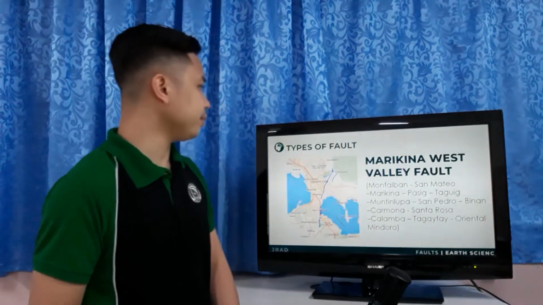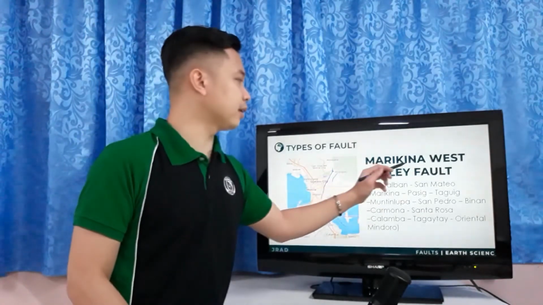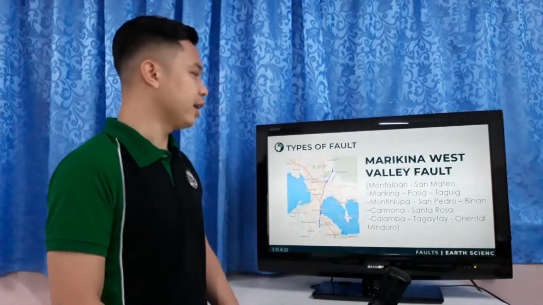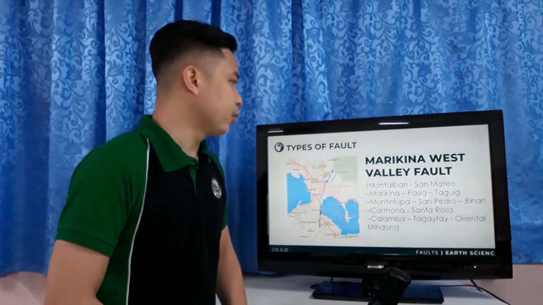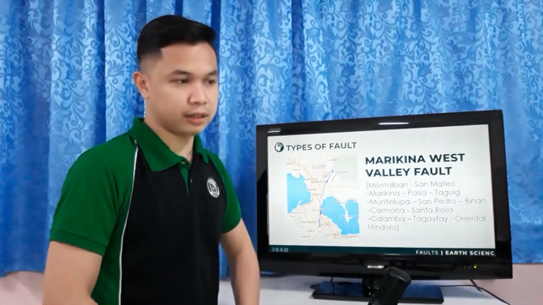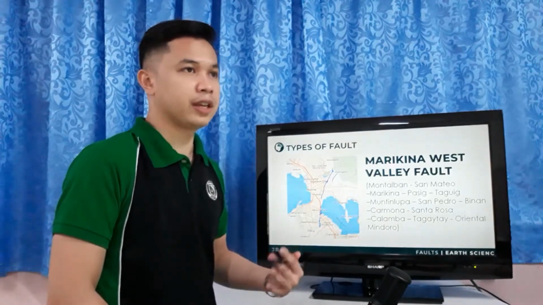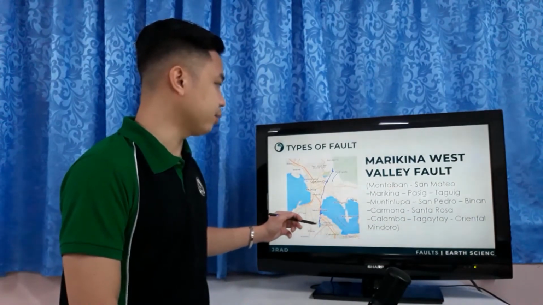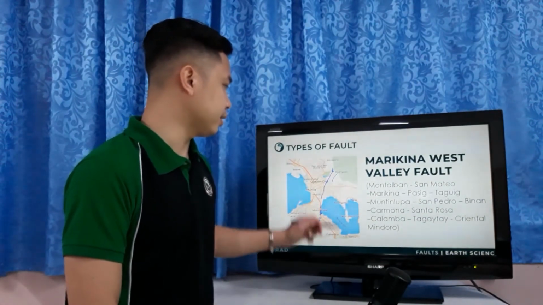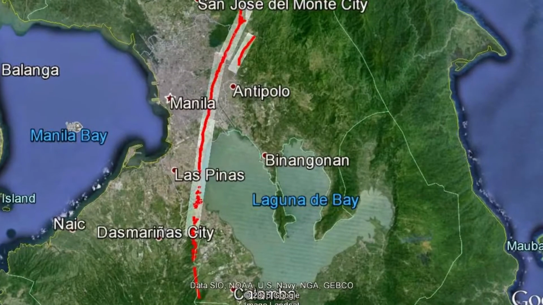Ngayon, if we're going to study the Marikina West Valley Fault, ito na yung tinatawag nating West Valley Fault at ito yung pinag-aaralan ng mga scientist, volcanologist. Kailangan nating paghandaan yung the big one kasi dito magsisimula yun. If you're going to observe the map, this is the Marikina West Valley Fault.